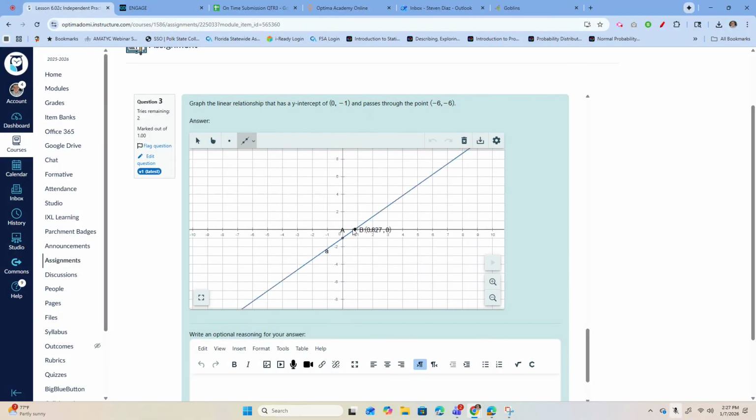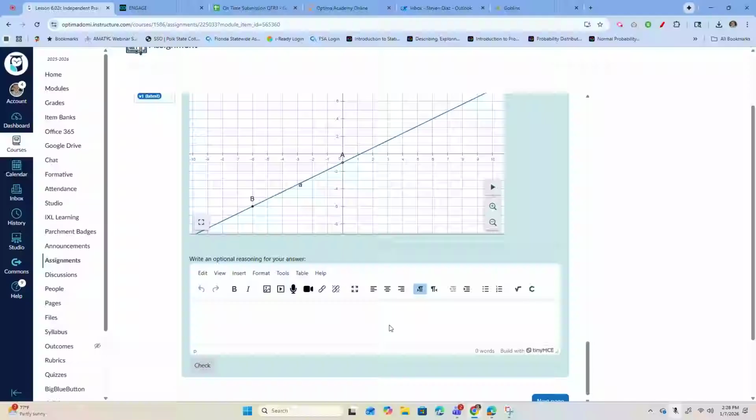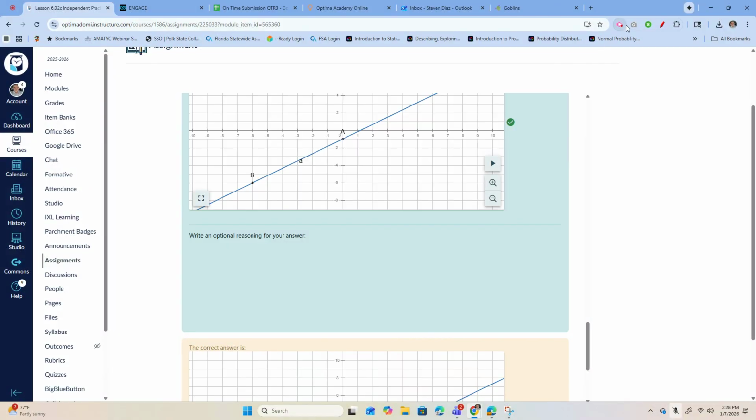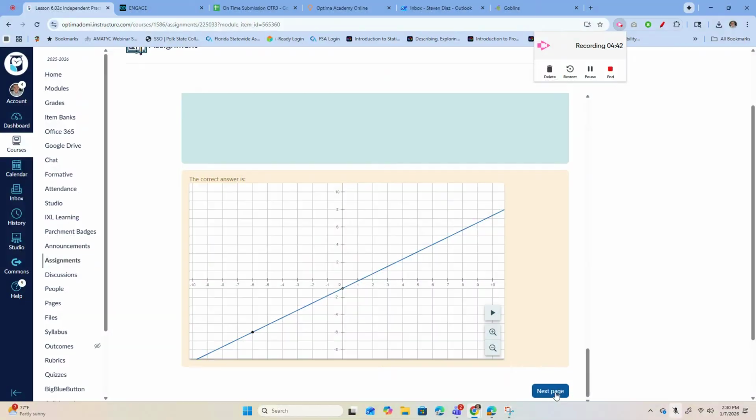And the second point is -6, -6. So 6 to the left, and then 6 down. And you can see I got -6, -6. And there is my line. Let me check. All right, let's go to the next question.